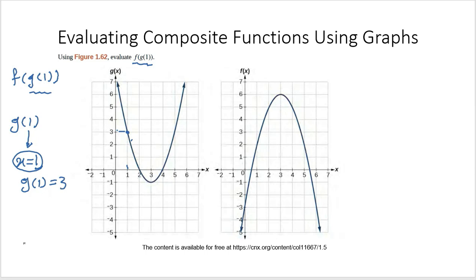Now we need to find f of 3. What is it? So x is equal to 3, f is equal to 6. So f of 3 is 6. We can say that f of g of 1 is equal to 6.